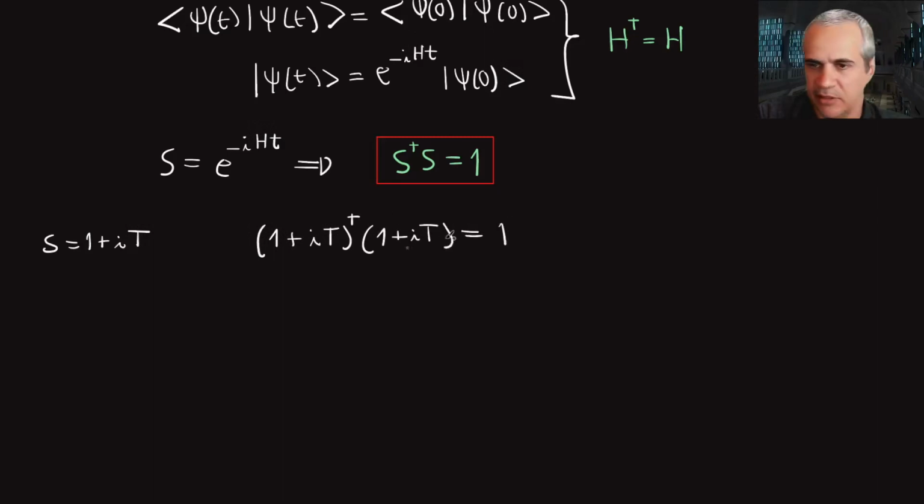And then I can just do this algebra here and rewrite these in terms of this condition for T. And now I can use this.